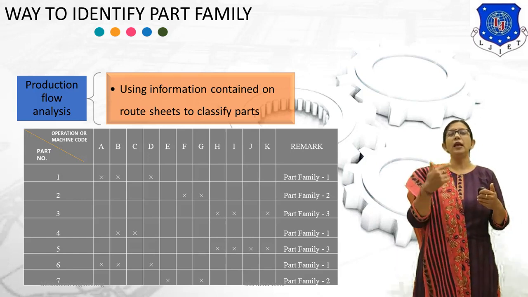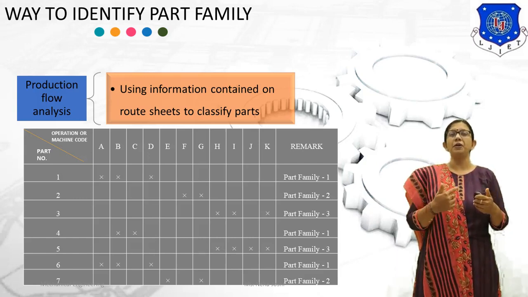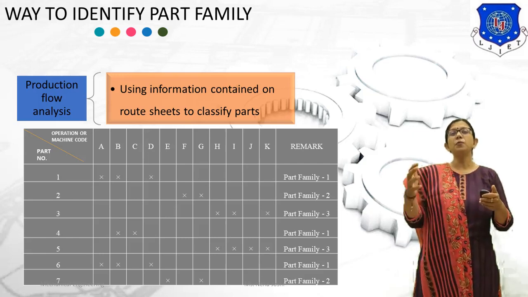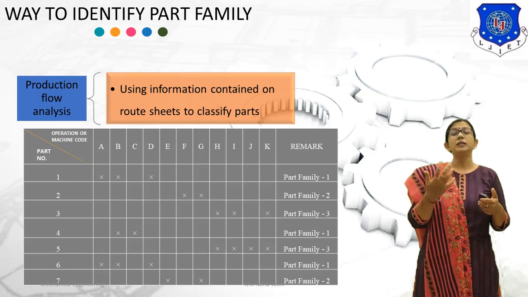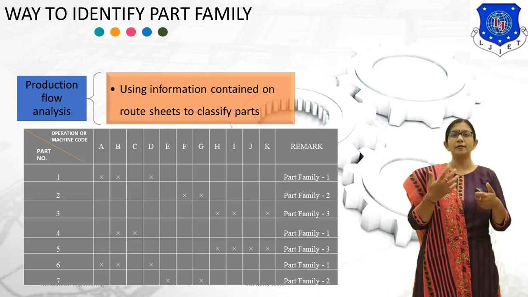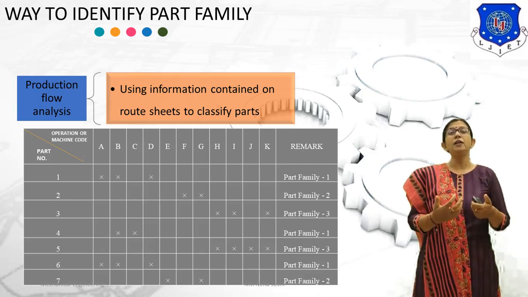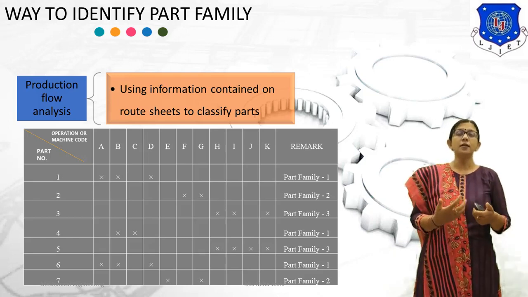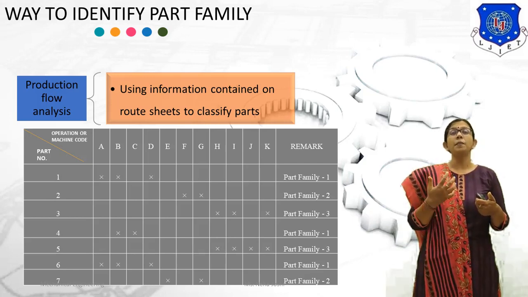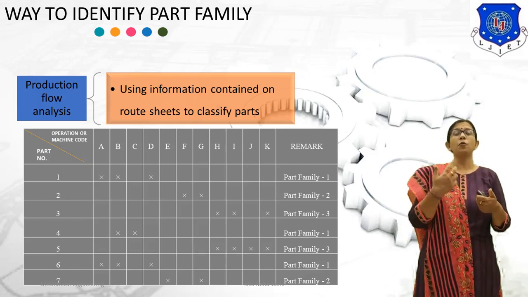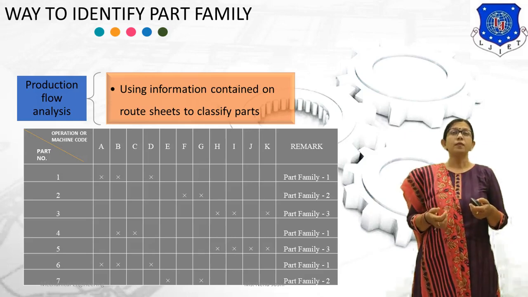And part numbers 3 and 5 are grouped into part family 3 because the manufacturing processes required are more or less similar. The disadvantage of product flow analysis is that it accepts the validity of the existing route set without checking its consistency or validity. So this is the product flow analysis.